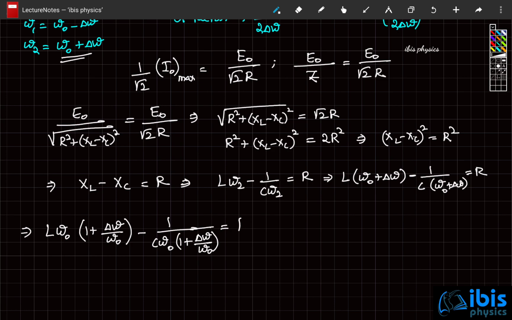But at omega naught, XL is equal to XC. So at resonance frequency, L omega naught is equal to 1 by C omega naught. So I can write 1 by C omega naught as L omega naught.